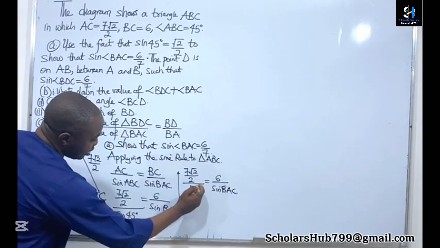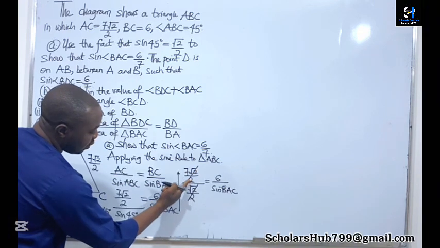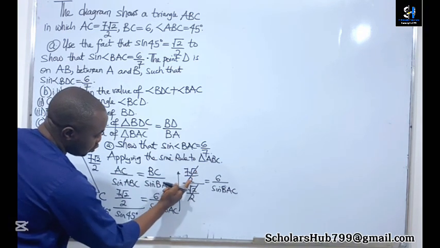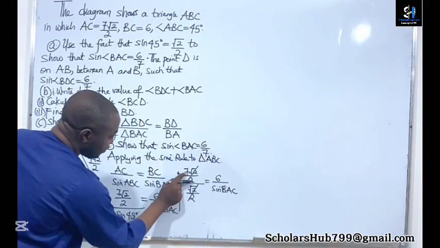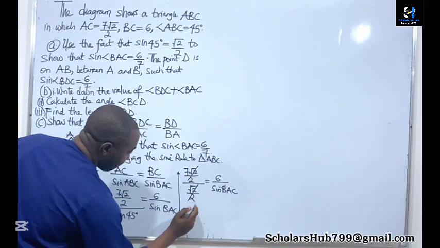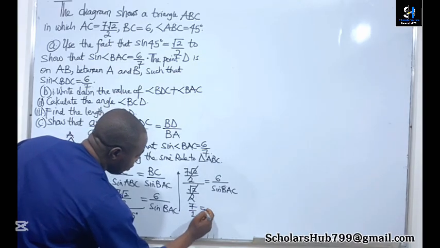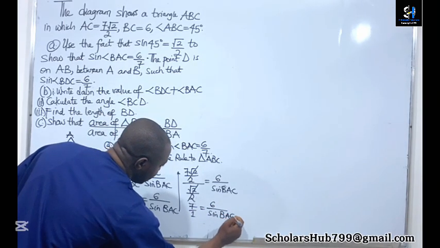The root 2 cancels out, so we are left with 7 over 1, which equals 6 over sine of angle BAC.